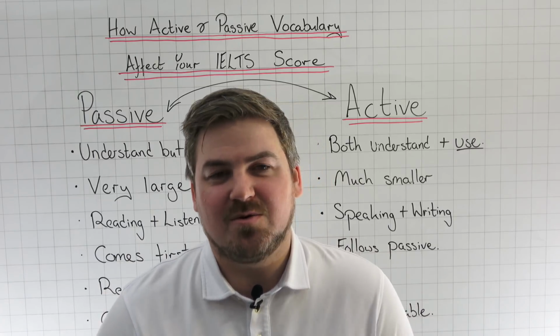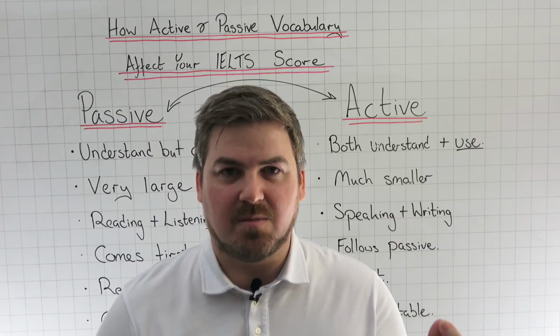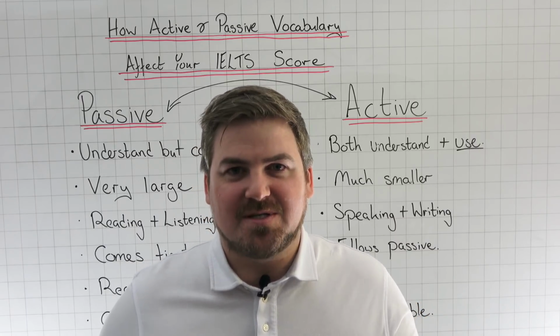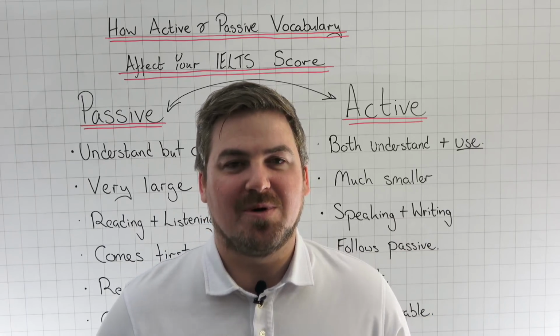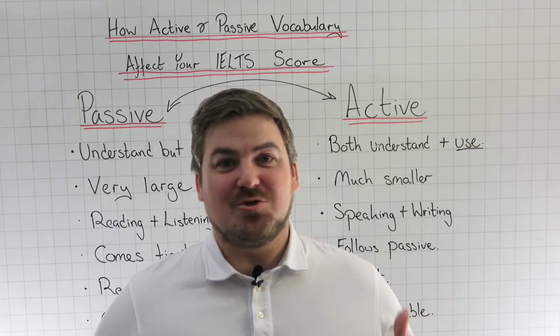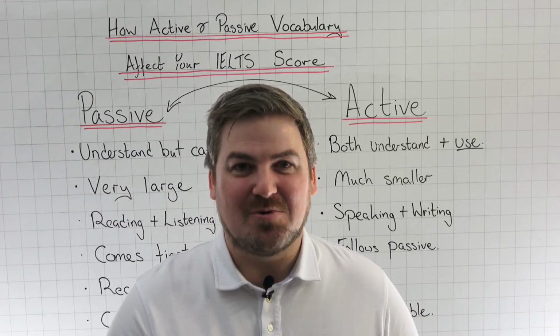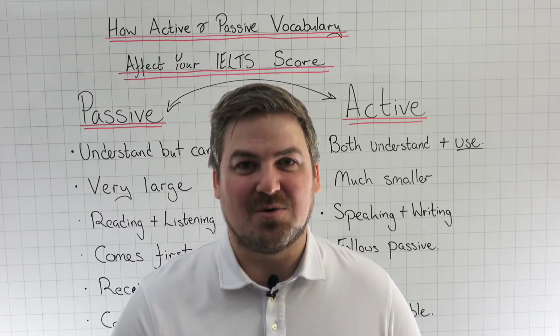I don't think there's an exact number of what passive versus active contributes to your total score, but it's tiny. The second thing is you shouldn't use all passive sentences in your writing. That's not how you write. Most of it is actually going to be active.